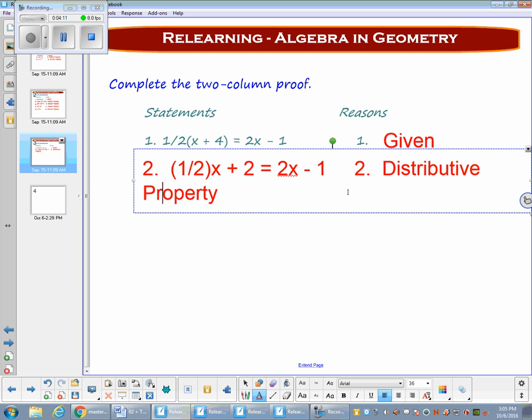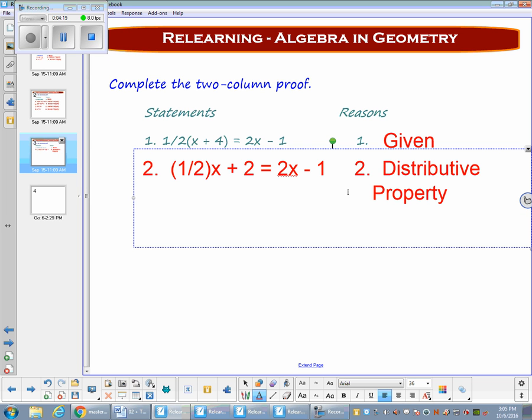I don't want that property over there. There we go. And now once we have that, I would probably subtract a 1/2 x from both sides.